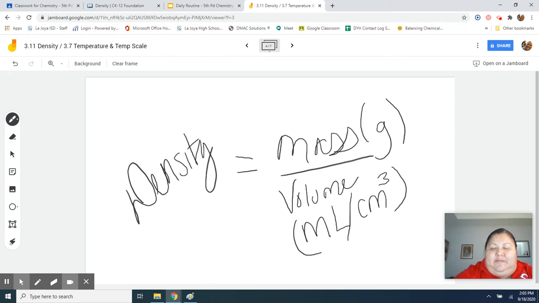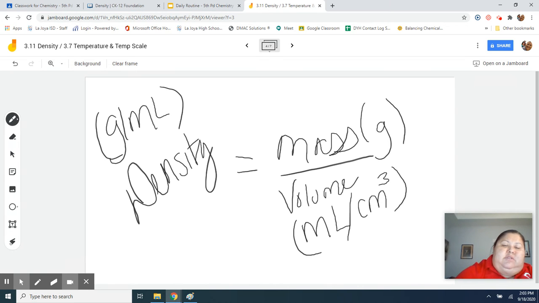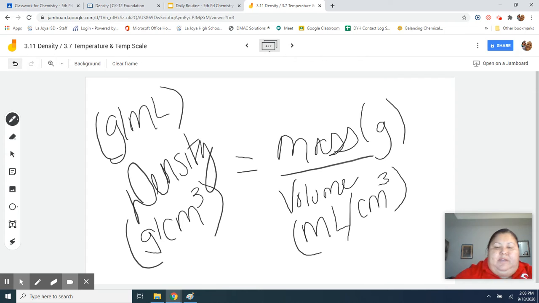Density has also two sets of units. If you're using milliliters, you're going to have your unit for density to be grams per milliliter. And if your volume was in centimeters cubed, well, you're going to have units of grams per cubic centimeter. Okay.